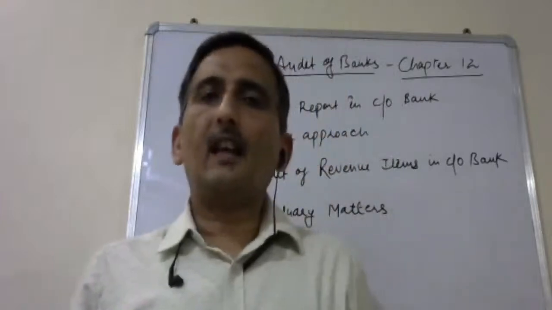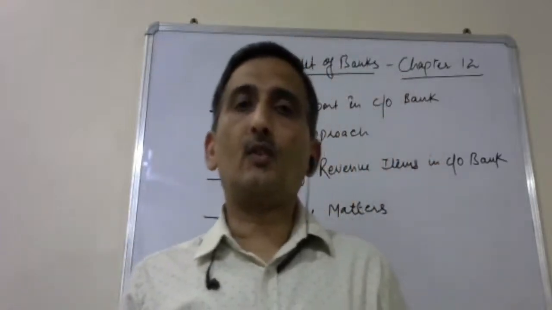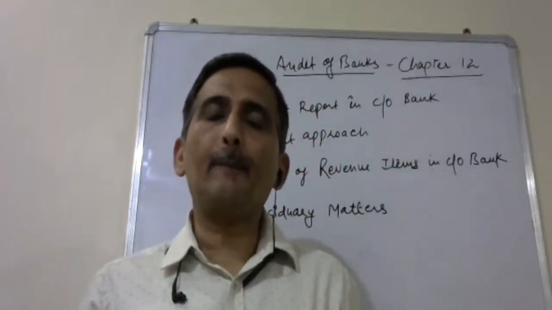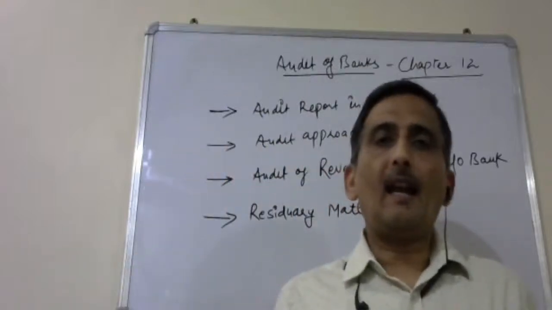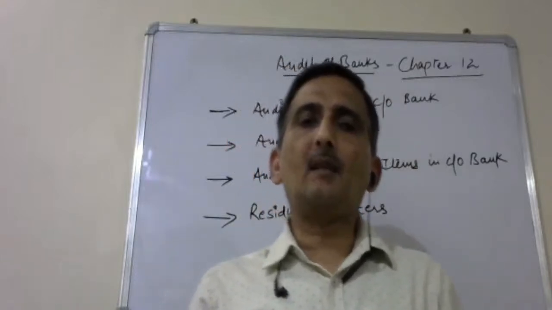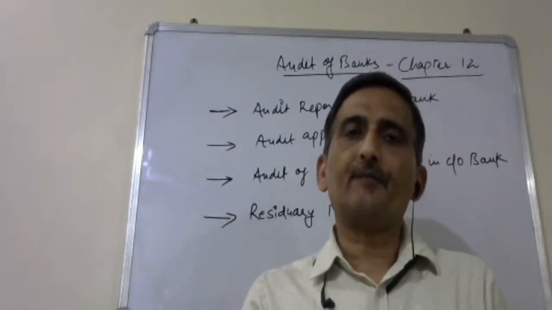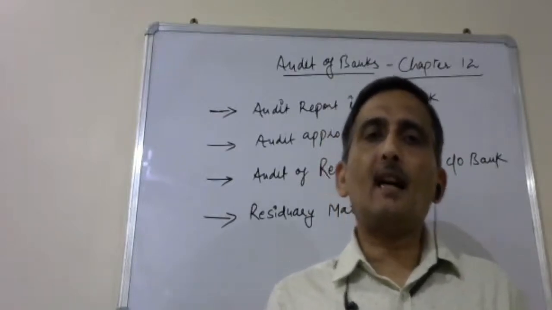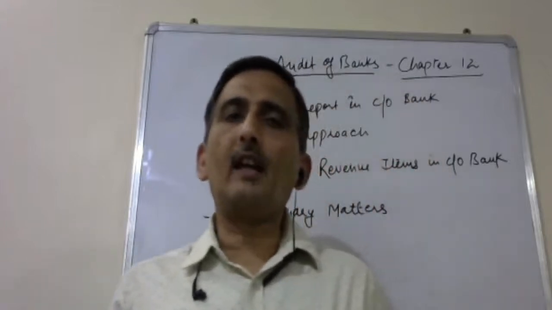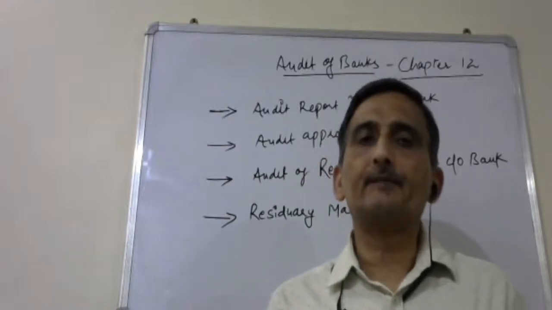So students, day before yesterday, we had understood the structure of banking in India, and we had also understood the main terms associated with audit of advances and what should be the approach of the auditor of a bank while conducting audit of advances.